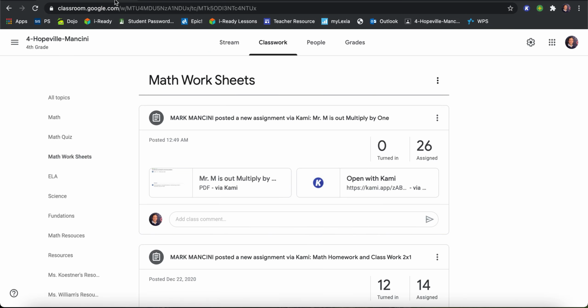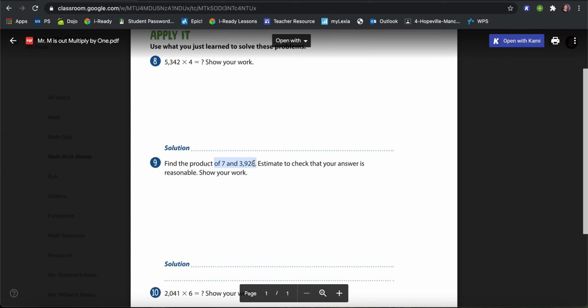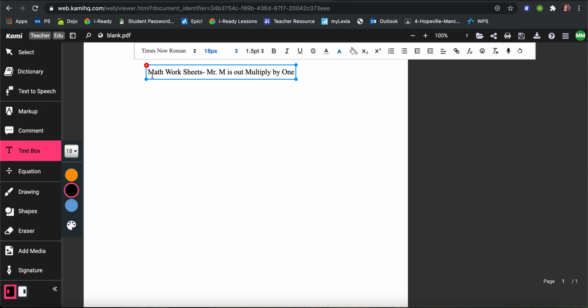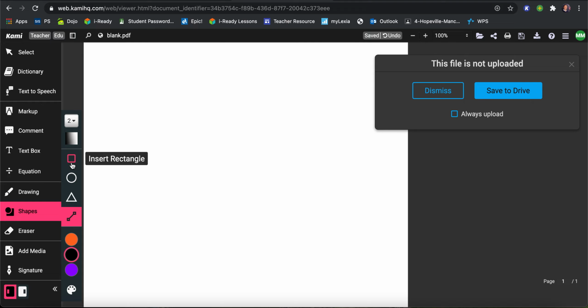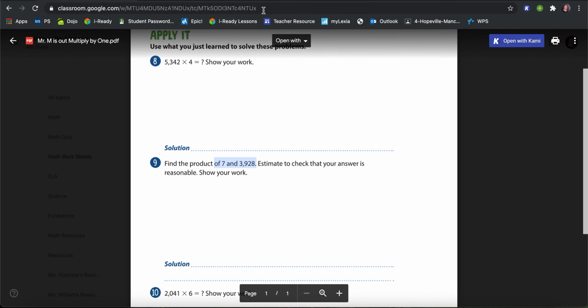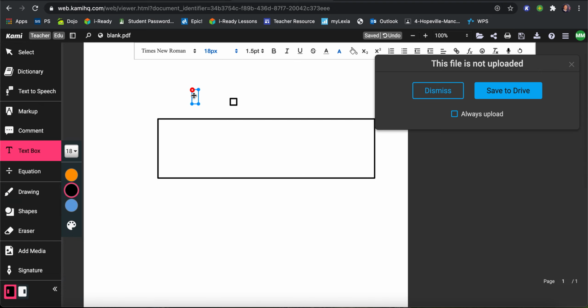So if we go back here to our math worksheet, we see we have 7 times 3,928. So you're going to come here and use your shapes tool and create a rectangle. Remember, we had 7 times 3,928, and then we had 7.